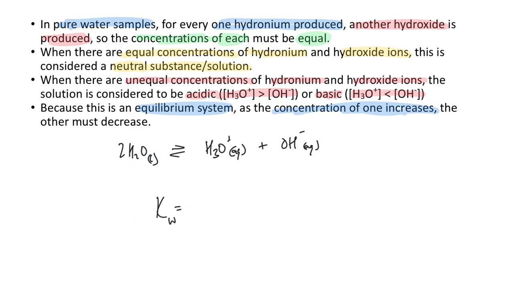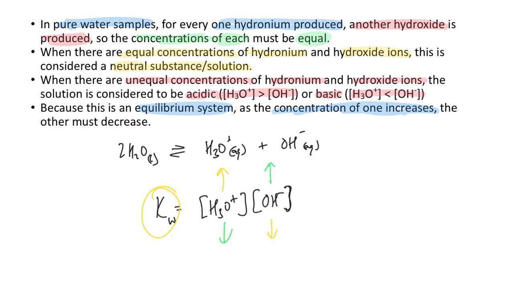It's just going to be [H3O+][OH-]. And if this value stays constant, then as that one rises, this one must fall, or if this one falls, this one must rise.